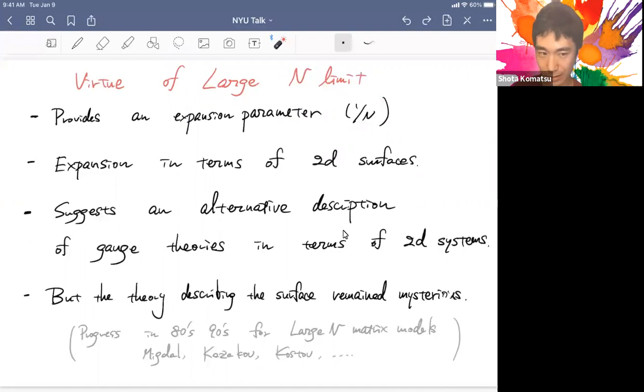This fact suggests that there should be some kind of alternative description of the gauge theory in terms of a two-dimensional system rather than a four-dimensional field theory. This idea is quite old and was already pointed out by 't Hooft around the 70s, but the theory described on the surface remained mysterious for a long time, although there had been some progress for simple matrix models around the 80s and 90s.